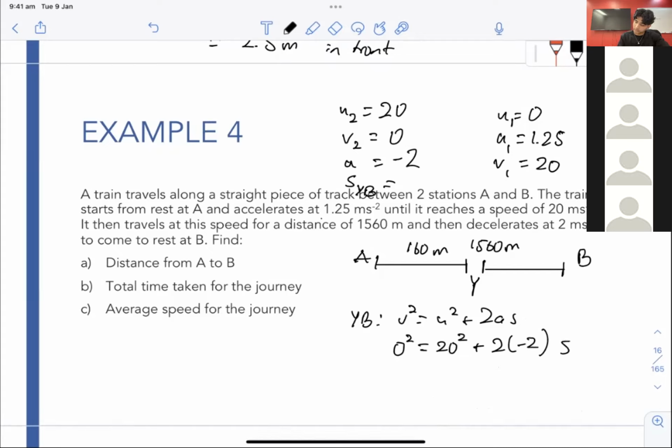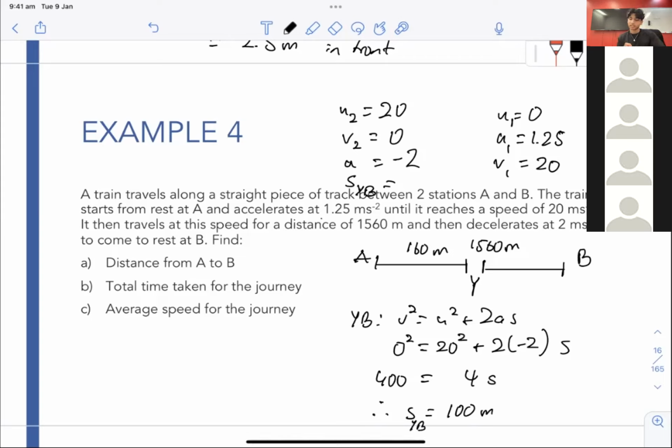Now if we rearrange, we're gonna get 400 equals -4s, sorry, not -4s, positive 4s. So s equals 100 meters, okay? And that's SYB, okay?